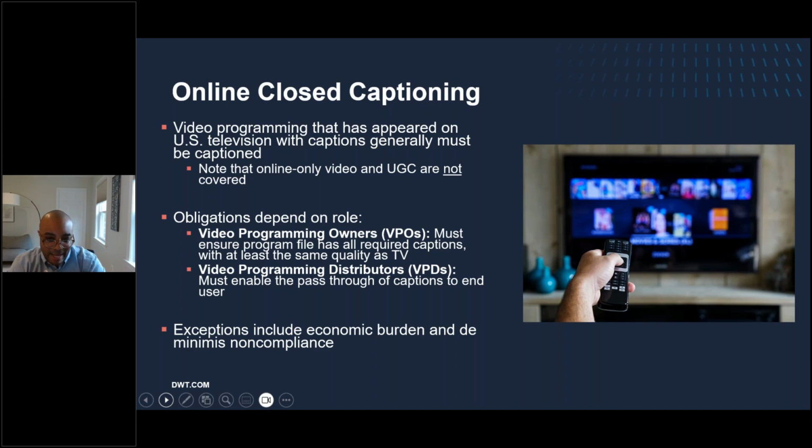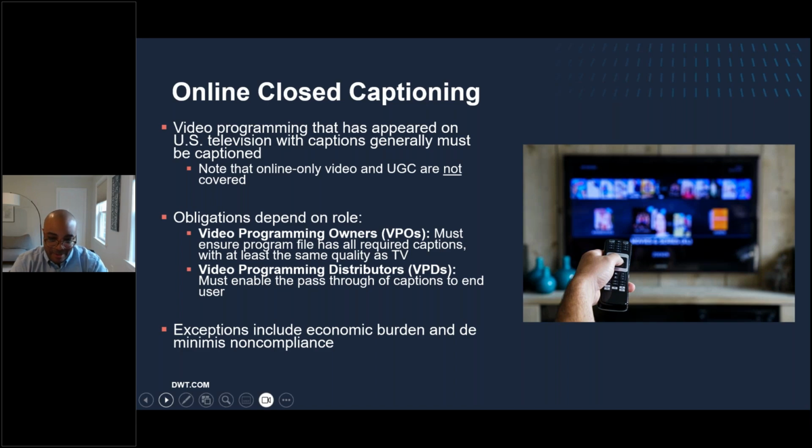Then you're required to caption this content when it gets distributed online. And I should note that there are rules that pertain to full-length programming, so like full episodes of TV, full movies, as well as video clips. So if you have clips of video or excerpts, the rules somewhat differ, but those also have to be captioned when those conditions are met.